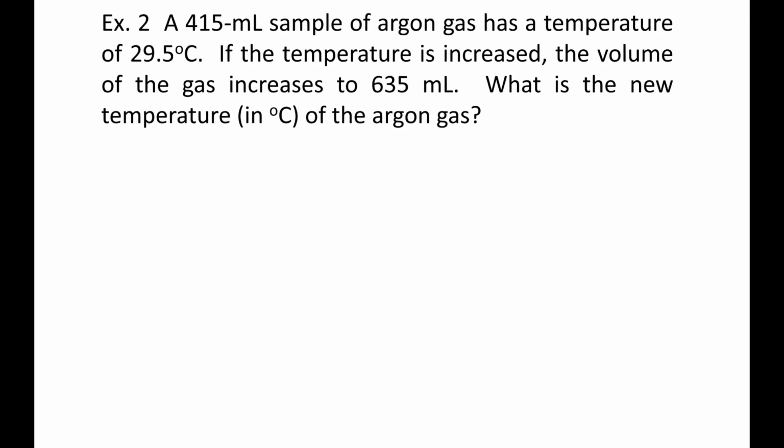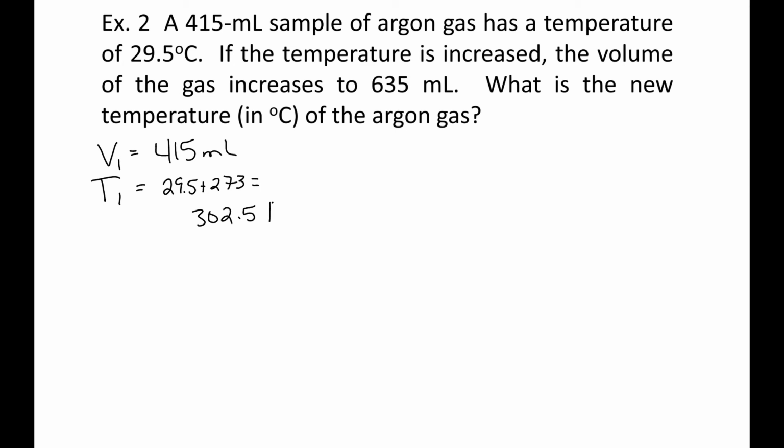Okay, so our V1 here is 415 milliliters. Our T1 is 29.5 plus 273, which gives us 302.5. Well, that's not degrees, sorry. I get carried away with my degree signs.